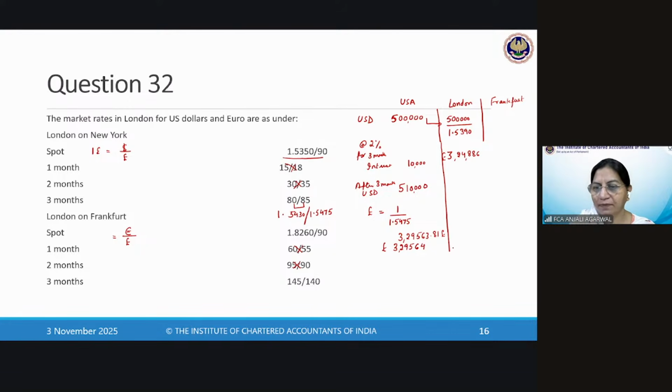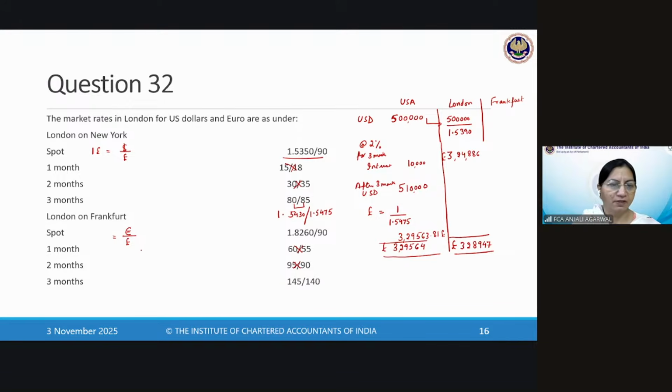So the total pounds you have is 3,28,947 point something, but we'll round off to the lower number. So you end up getting 3,28,947 pounds. Here you already converted it into pounds, so you don't need to convert it again. You have got this much amount. So far you can see it's more fruitful to invest in US, but we have one more option, which is Frankfurt.